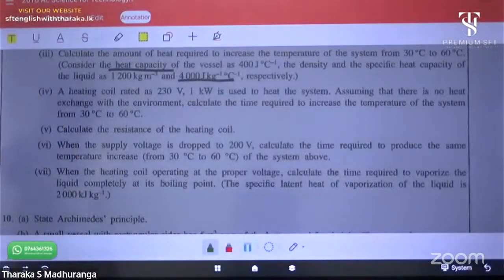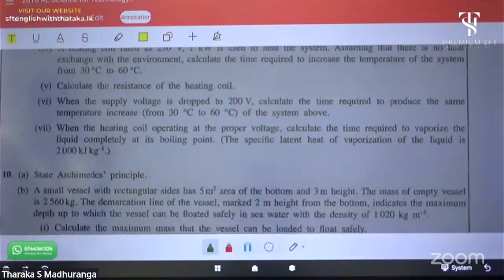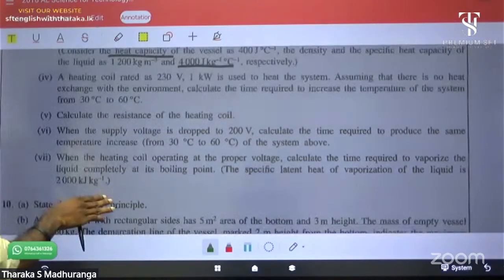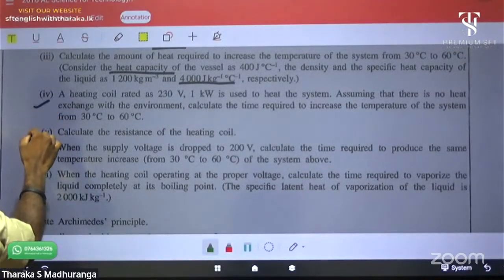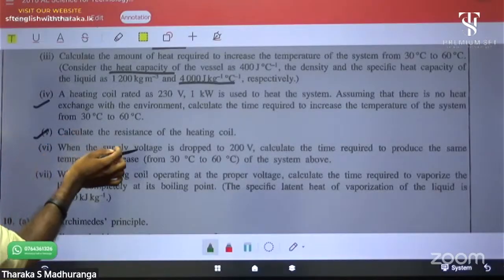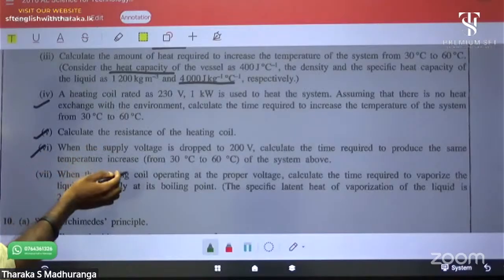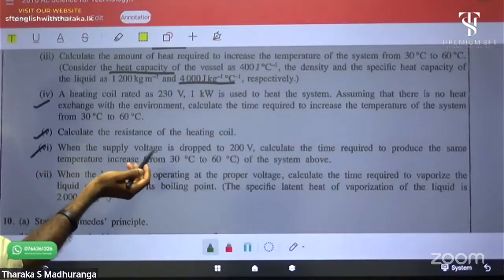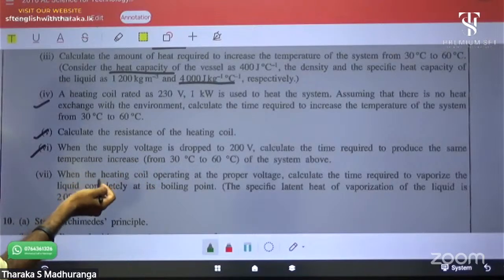Fourth one. The next question is from electricity. Okay, that's enough. This one: when the supply voltage drops to 200, calculate the time required to vaporize the liquid completely.